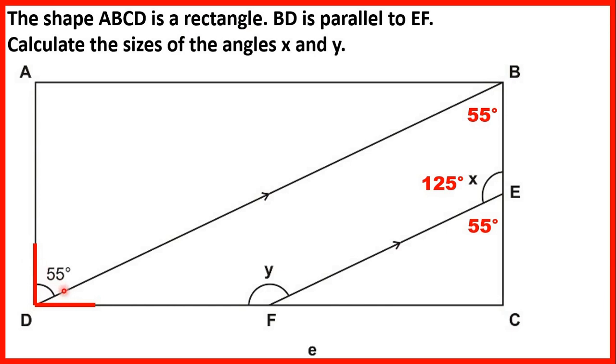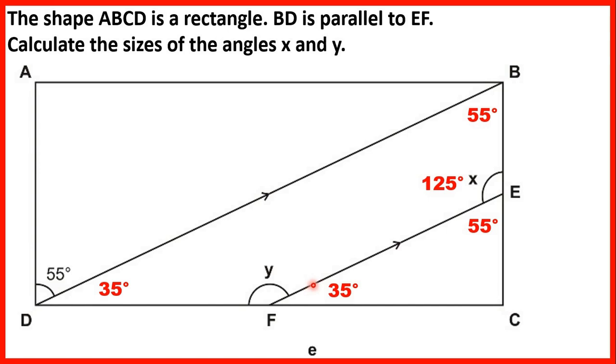So 55 degrees plus this angle here need to total 90 degrees. So this angle here is 35, because 90 minus 55 is 35. So this angle here will be 35 as well, because again we have angles on parallel lines.